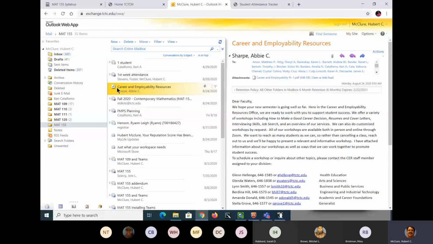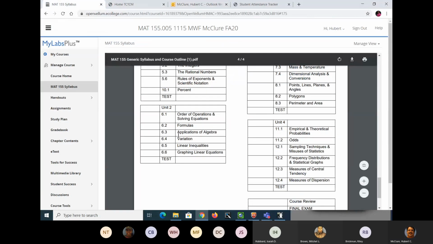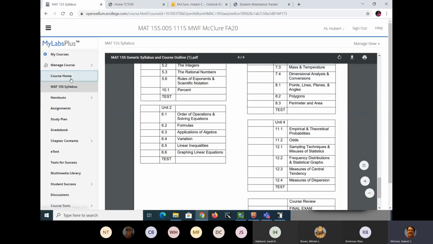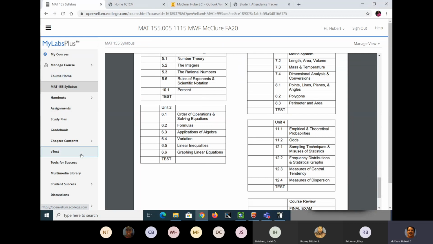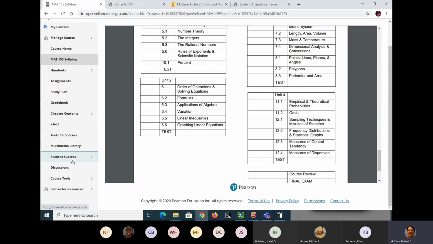Okay, what we're going to do next is I'm going to go into a little bit of what we're going to be talking about in applications of algebra. And I'm just going to go to the slideshow. It's easier.